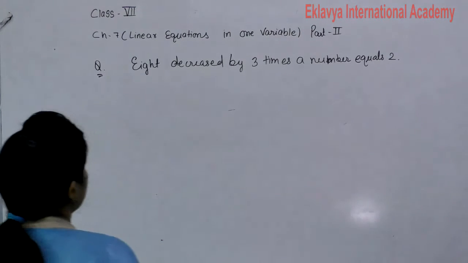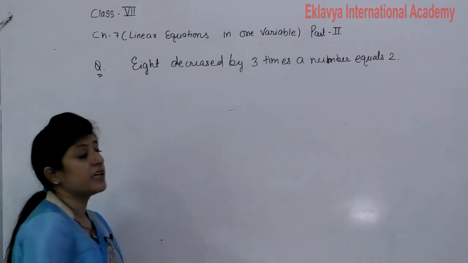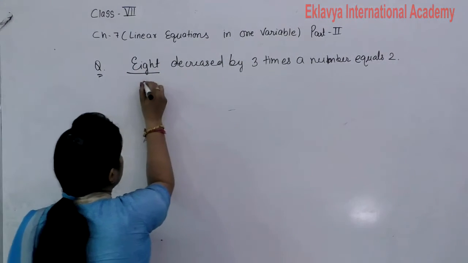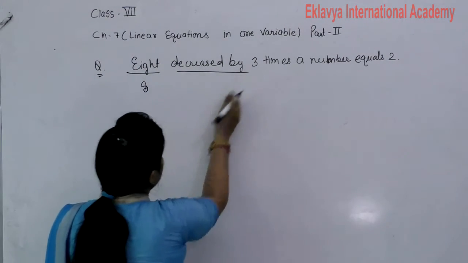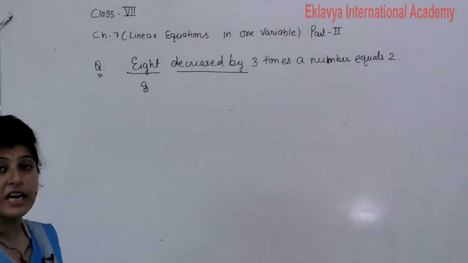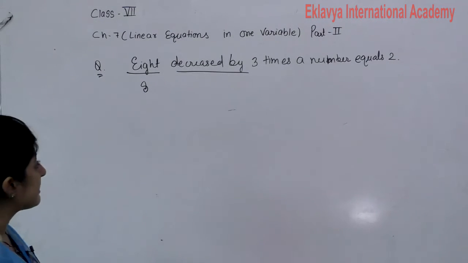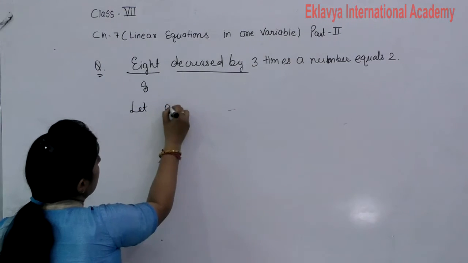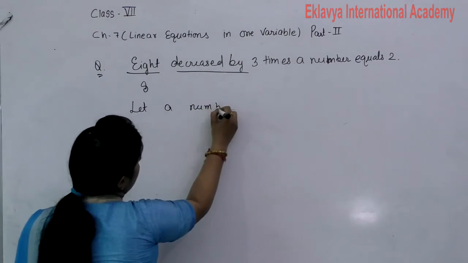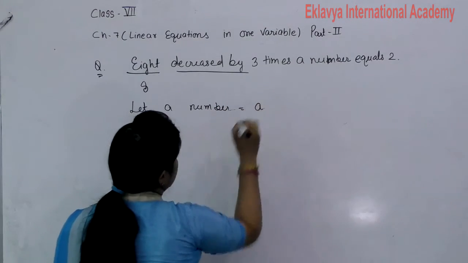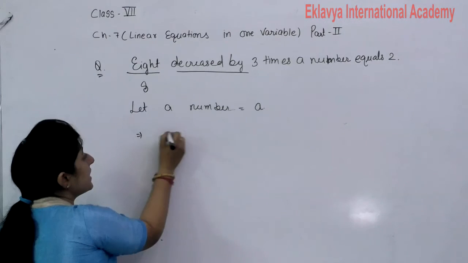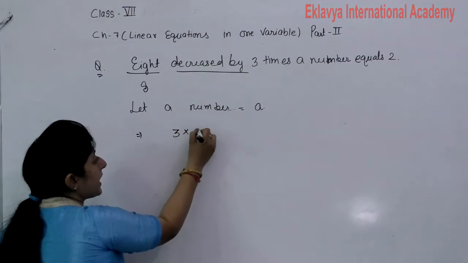You already studied this type of thing in 6th class. What is the meaning of this? 8 decreased by, it means whichever things we have, we will do minus 8. 3 times a number. We don't know the number, so let the number be a. 3 times a number means 3 multiplied by a.